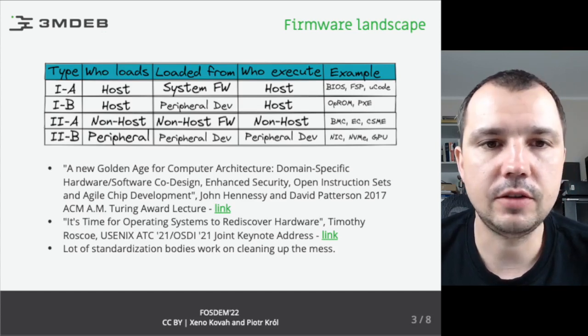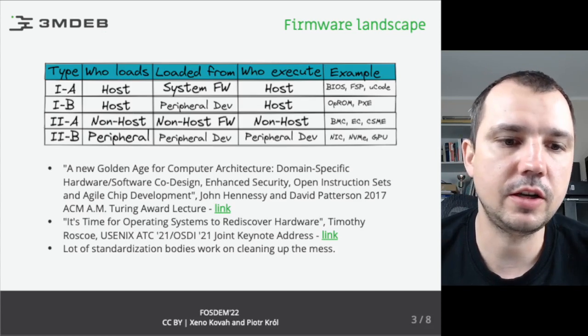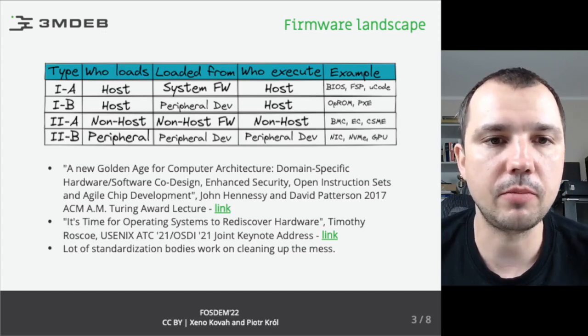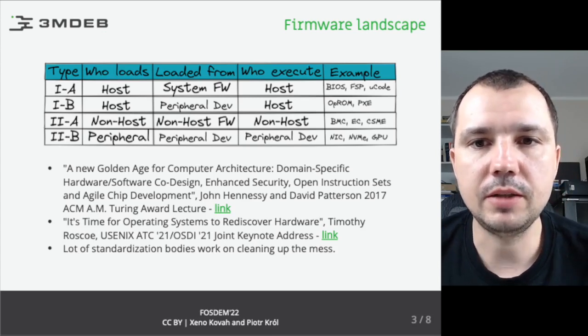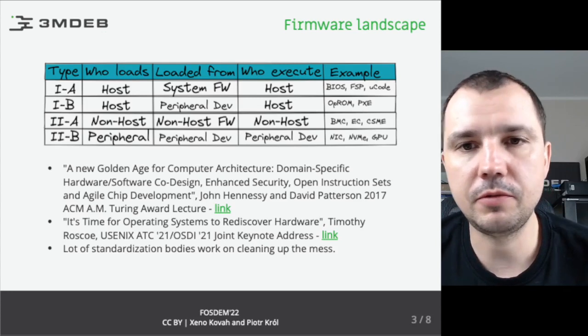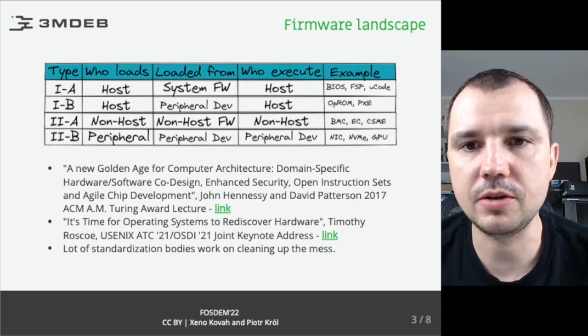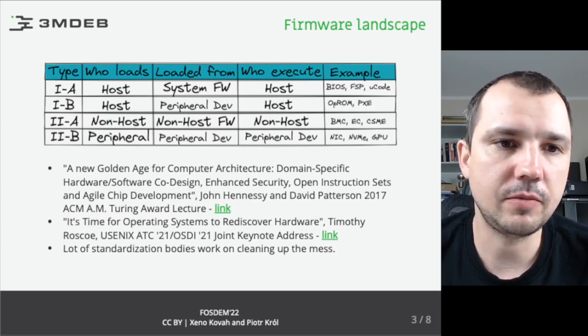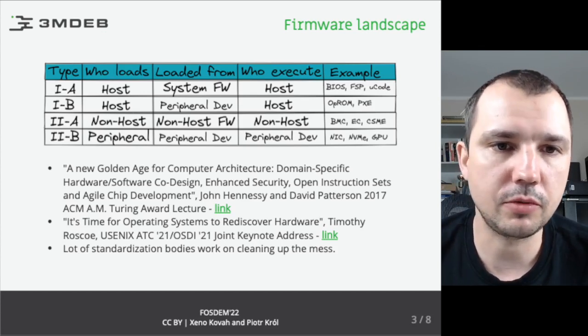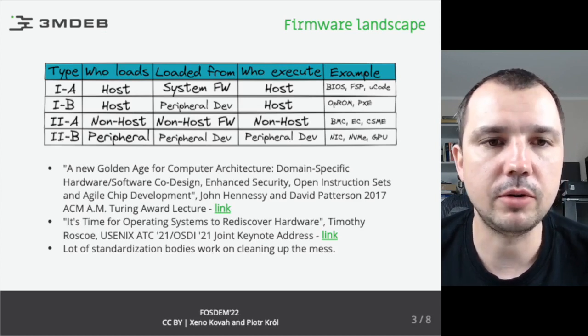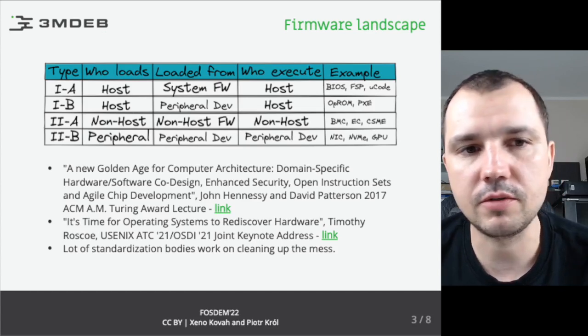That means the environment and the amount of firmware are always growing, and we're getting more and more of it in our systems. For me, this reminds me of two lectures published over the last couple of years. The first is "A New Golden Age for Computer Architecture" by John Hennessy and David Patterson, given when they received the Turing Award in 2017.